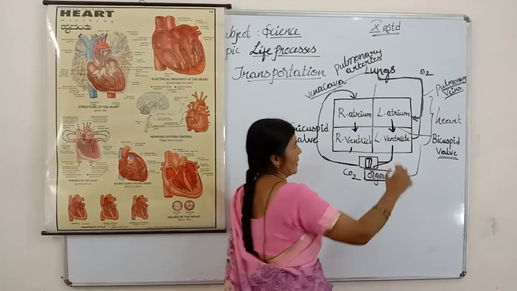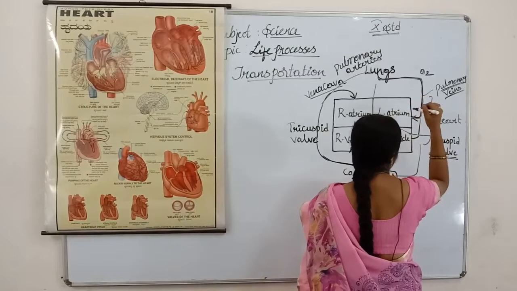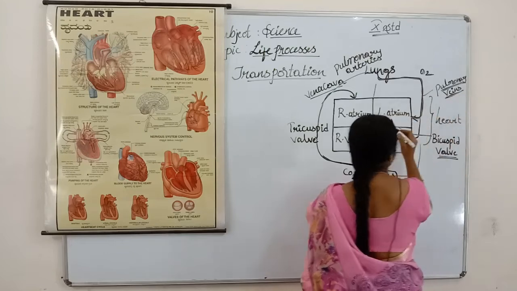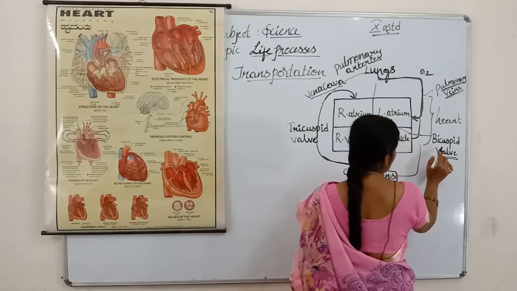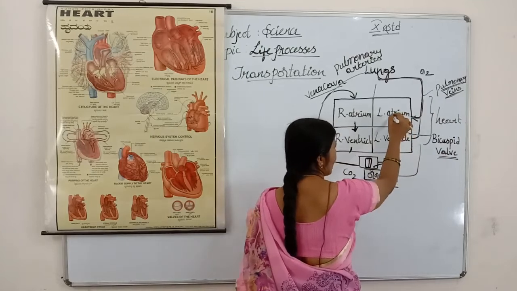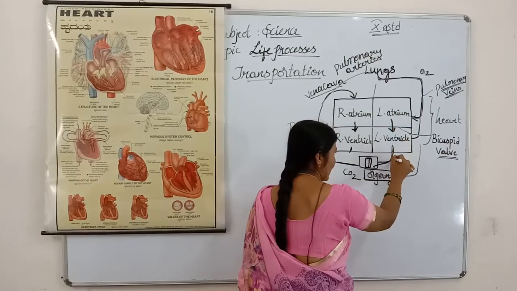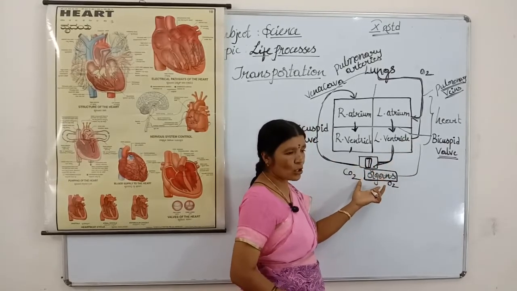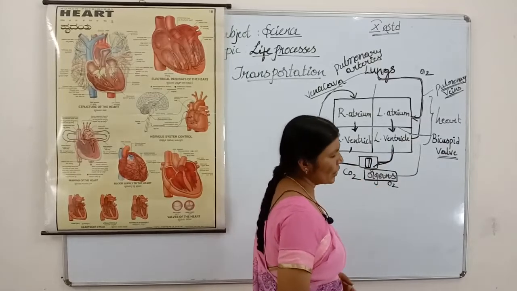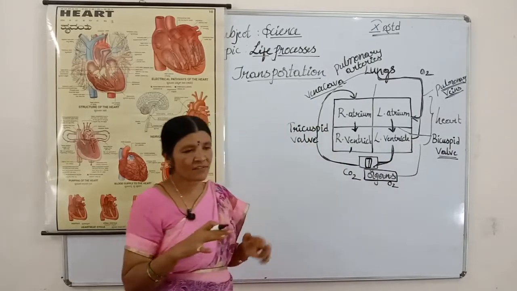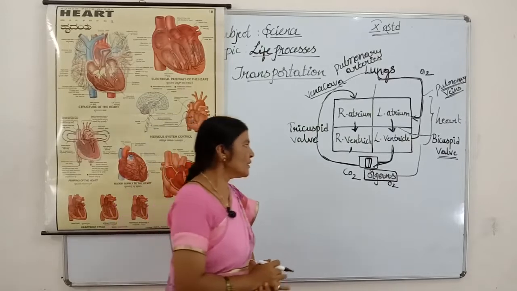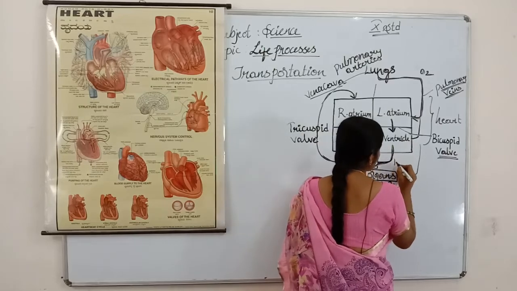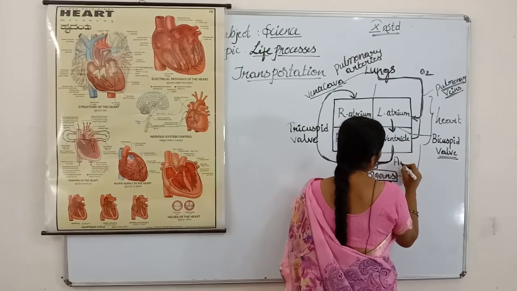The pathway from the lungs to the left atrium is the pulmonary veins, and it comes through a bicuspid valve. The blood from the left atrium enters the left ventricle, and from the left ventricle the blood reaches the organs, to all parts of the body. Here, in the organs, it comes across a part known as the aorta.